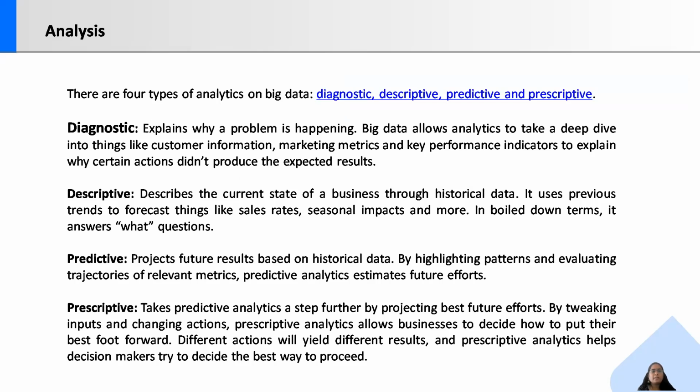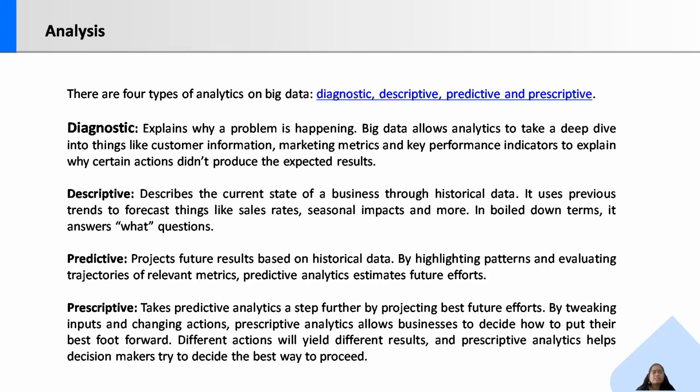The next component is analysis. In big data, we are talking about four main analysis processes: diagnostic, descriptive, predictive, and prescriptive. First of all, the diagnostic. We can take the example of medical conditions. A doctor will diagnose our health conditions and give us recommendations and medicine.